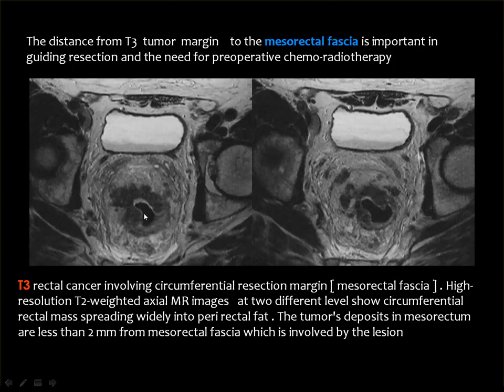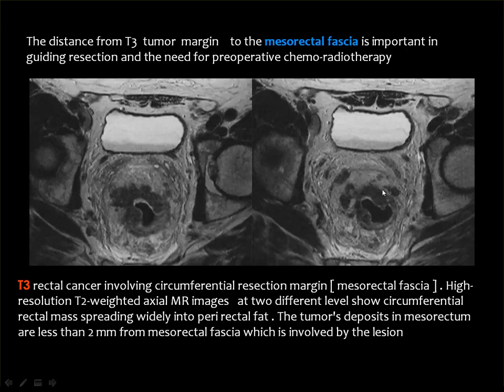Then here you see an extensive tumor in the rectum with stranding of the fat. I will explain the issue of fat stranding, but in this section you can see multiple mesorectal lymph nodes, and you see a tumor invading the mesorectal fascia.